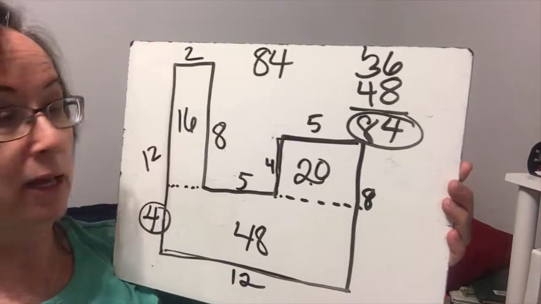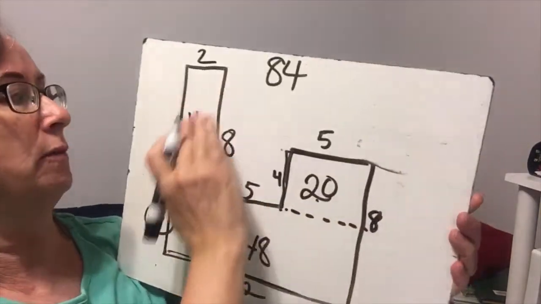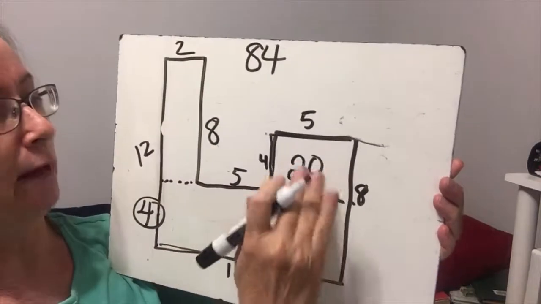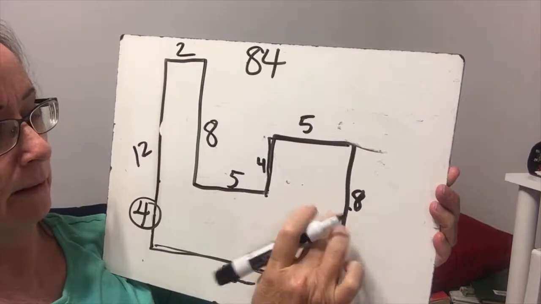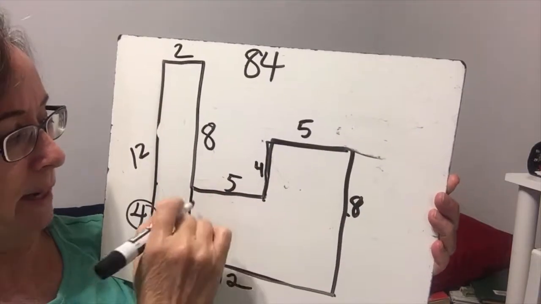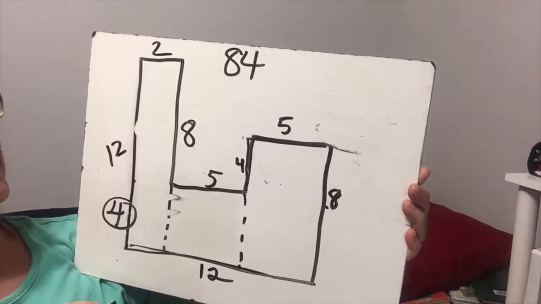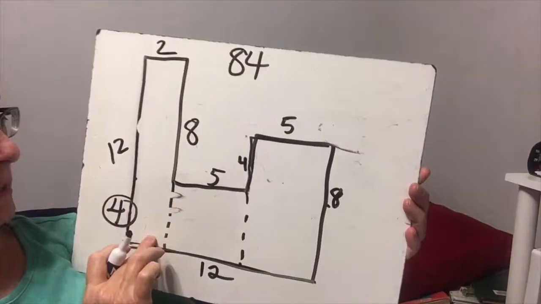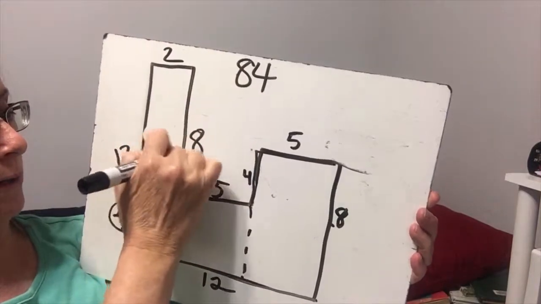And now let's go back and do it a different way. So we'll erase that, we'll erase that, we'll erase that, and that, and that. Okay, so now let's do it this way and this way. Okay, so now we got one big long rectangle. That is 12 times 2 is 24.